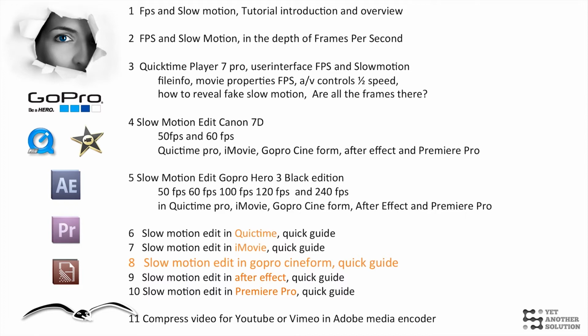If you have a lot of source files, QuickTime Player Pro makes it so easy to do slowdown, so it's really nice to have knowledge of QuickTime Player 7 Pro. And if you want more information about slow motion with GoPro Hero 3 Black Edition source files or Canon 7D files, you could go into tutorial number 5, where we slow down in QuickTime Pro, iMovie, GoPro Cineform, After Effects and Premiere Pro.